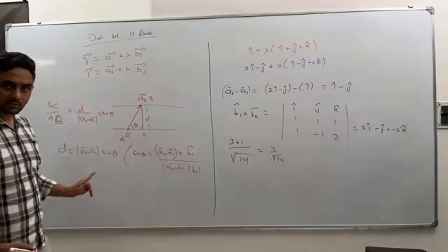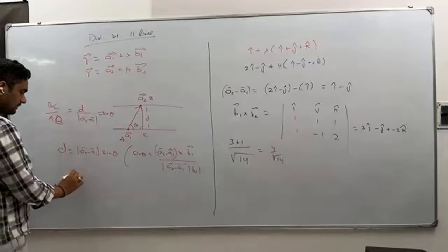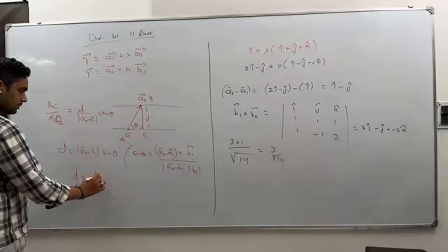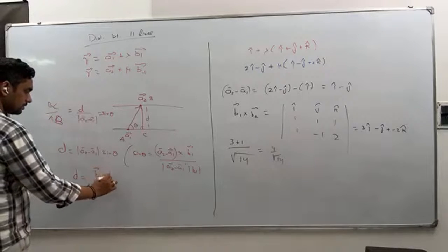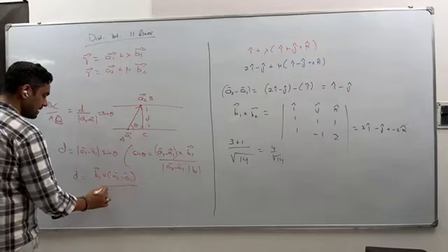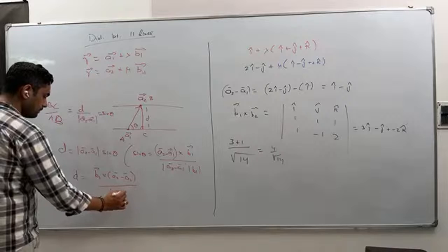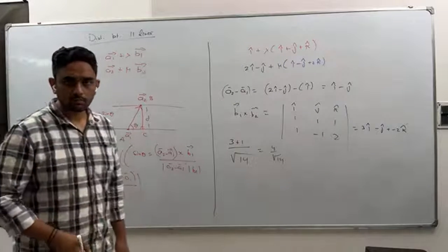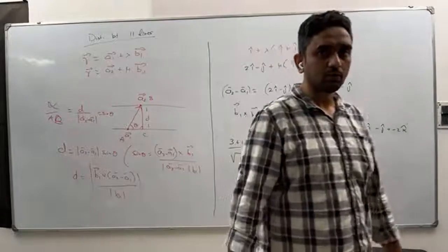Now these two mod will cancel out. So finally what will be D? D will just come out to be B1 cross A2 minus A1 by magnitude of B. And we put a mod because distance cannot be negative.